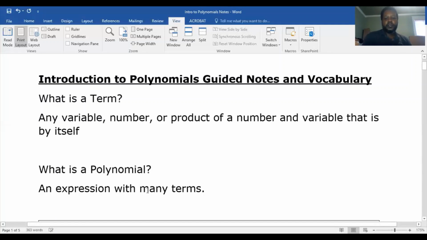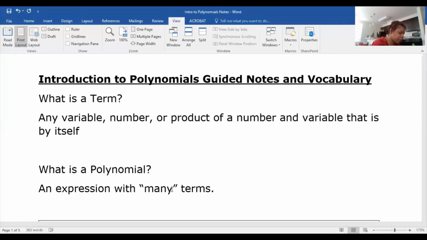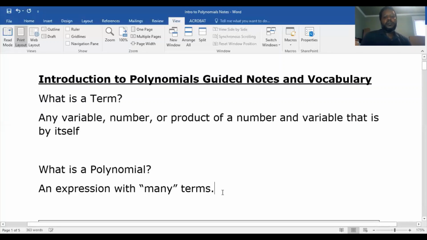Technically, anything over 3 terms is considered a polynomial. After we get to 3 terms, we stop having special names and we just call them a polynomial.